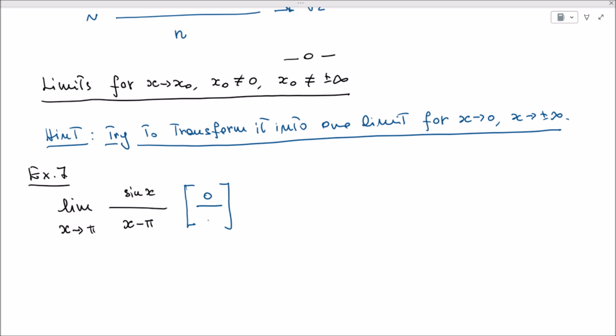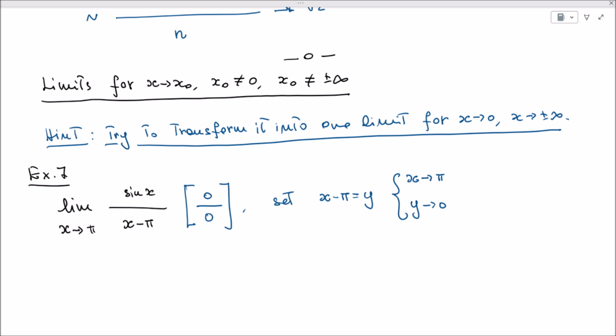So what we can do now is basically we can set x minus pi equal to a new variable y. So that implies that when x tends to pi, we have a variable y that goes to 0, and that was the idea, right?